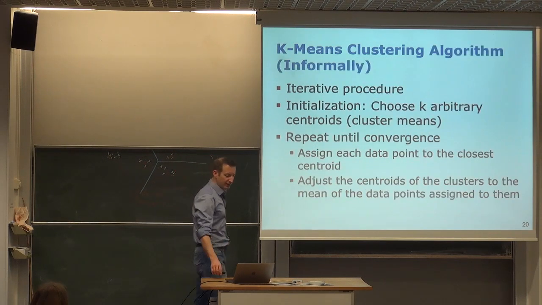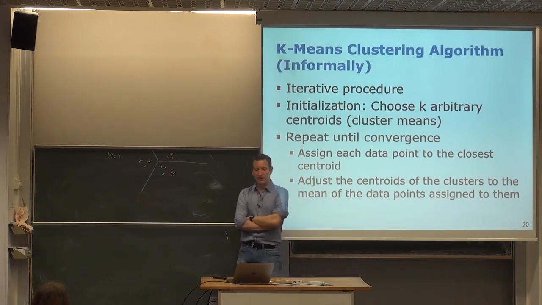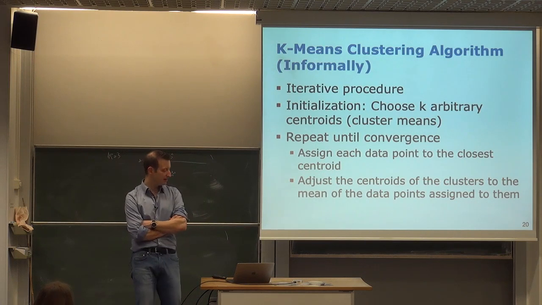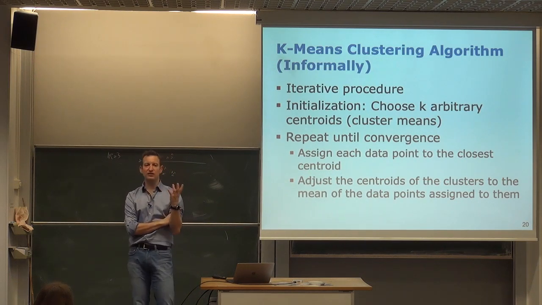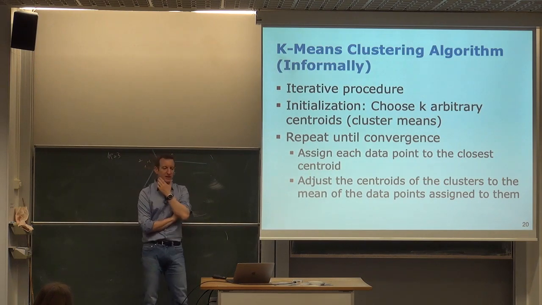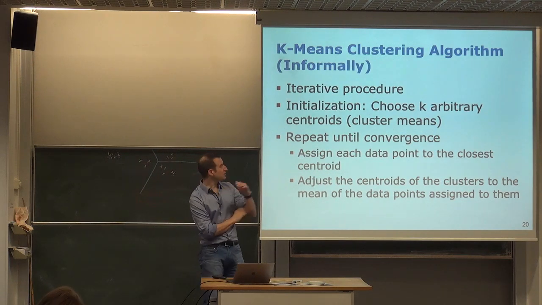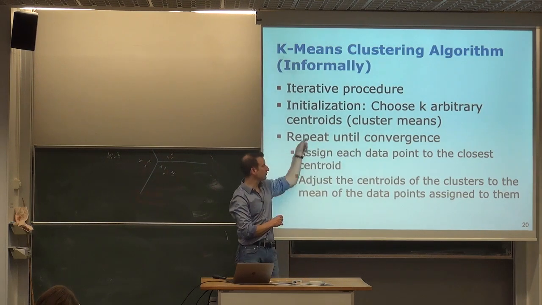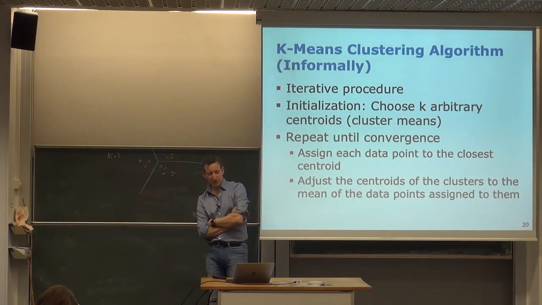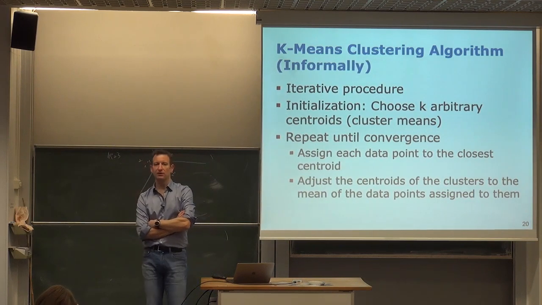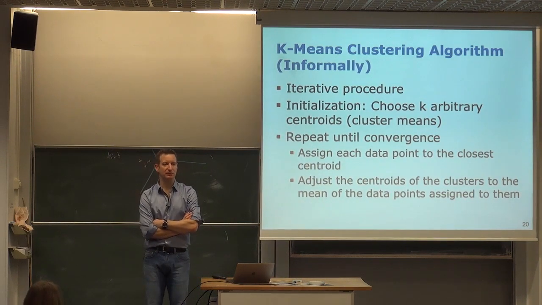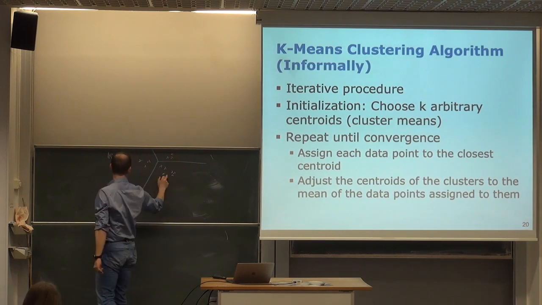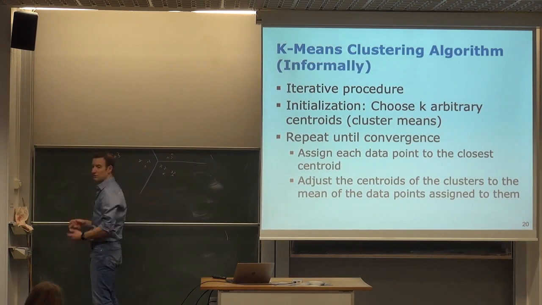Okay, let's see how this works, informally described. Not as an algorithm, we'll come to the algorithm in a minute. It's an iterative procedure, so there's a repeat until convergence, meaning this thing is repeated over and over again. The first thing I do is start with a random initialization of these red crosses shown here.